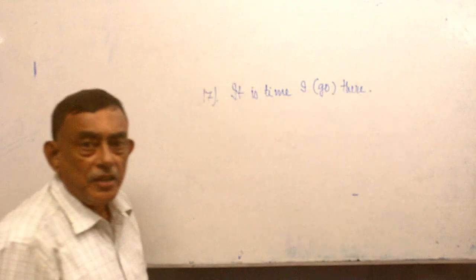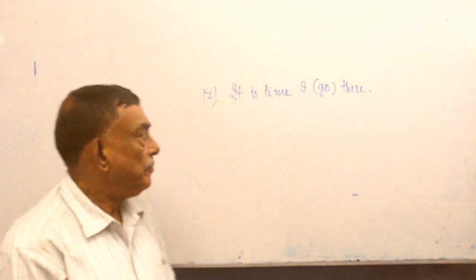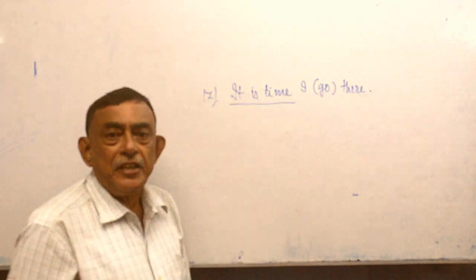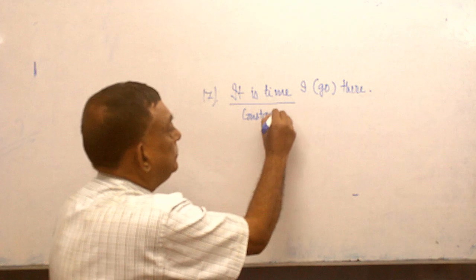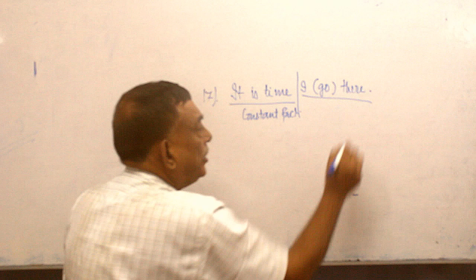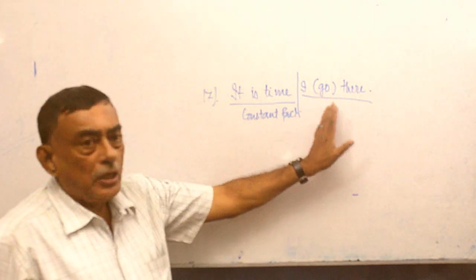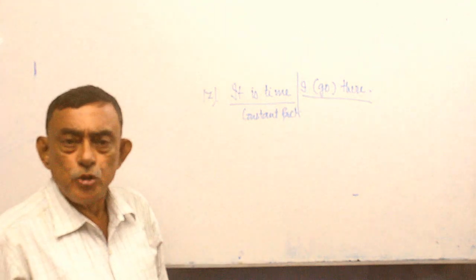Now look at the sentence structure, and after that try to understand what I say. First of all, it is time. It is called constant factor. And after that, I go there, the clause has been given. In common appearance, it shows that I will be able to go there, it is time, I should go there.